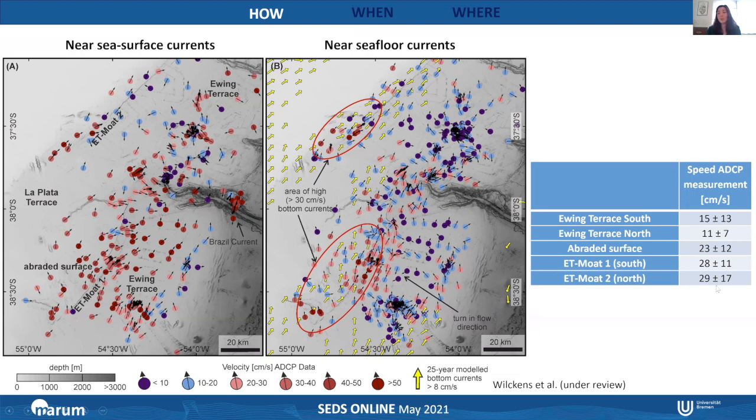And inside the moats, we reach velocities that are around 30 centimeters per second, in some areas even a bit more. And also in the abraded surface, the currents can be relatively high. So on average 23 centimeters per second, sometimes more. And well, this is part of a publication by Henriette Wilkens and colleagues, and this should be soon available.